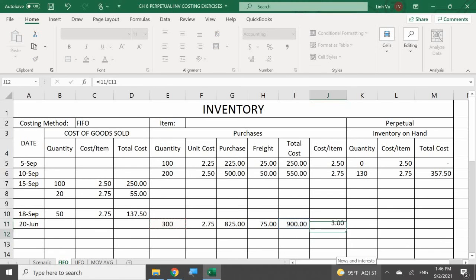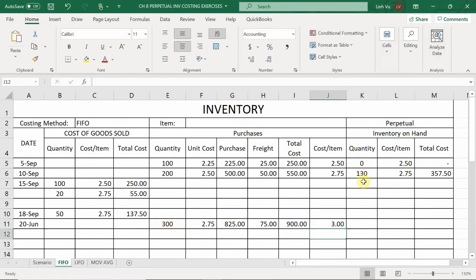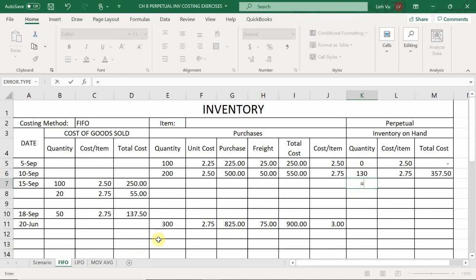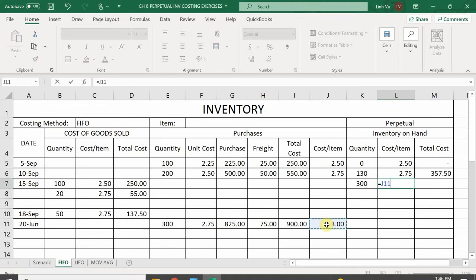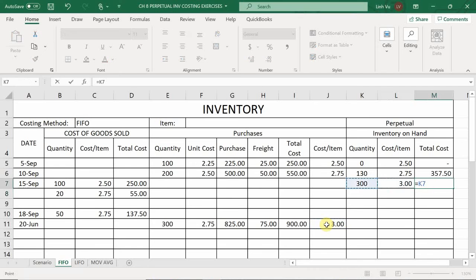Update our inventory with an additional 300, at $3 each. Good. So we have the 300.